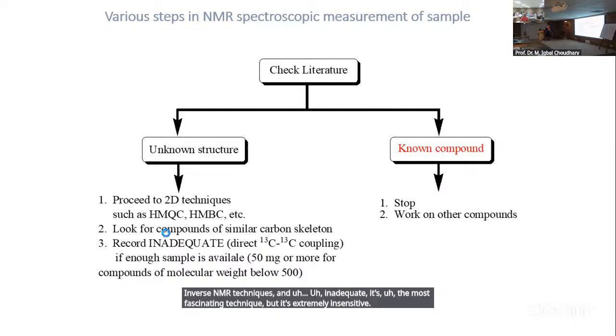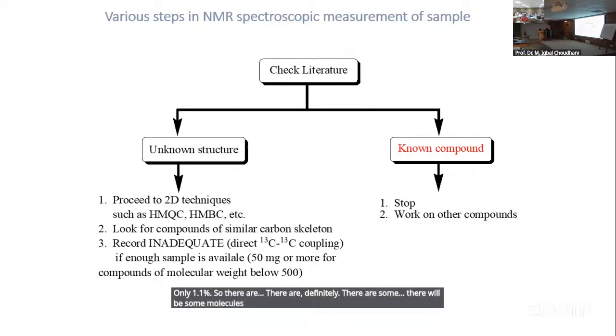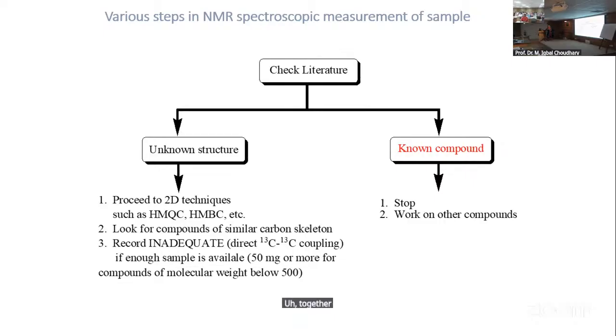You can think about two C13 together in natural abundance, only 1.1%. Definitely there will be some molecules in which two C13 are together, but the amount is again a problem.